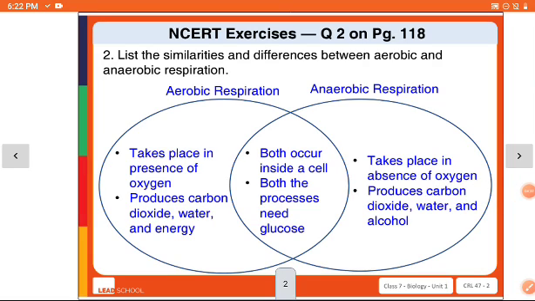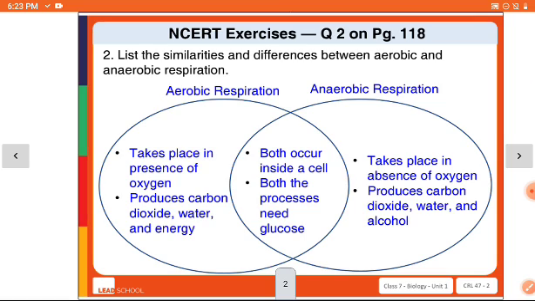Students, the NCERT exercise on your page number 118. Question number 2: list the similarities and differences between aerobic and anaerobic respiration. Aerobic respiration takes place in the presence of oxygen and produces carbon dioxide, water and energy.